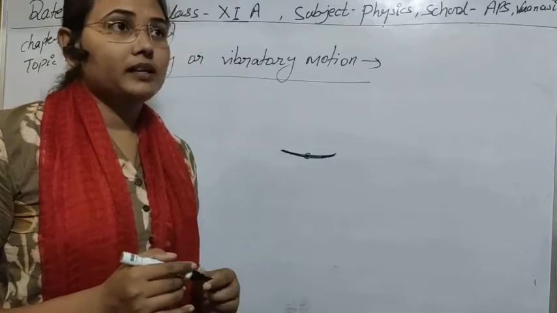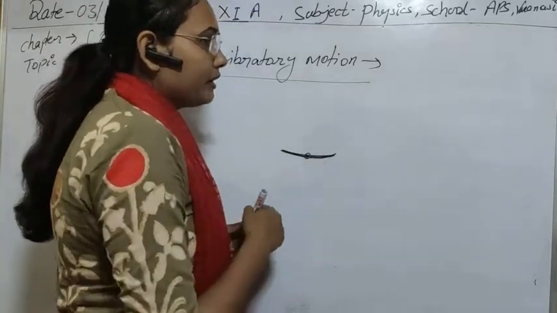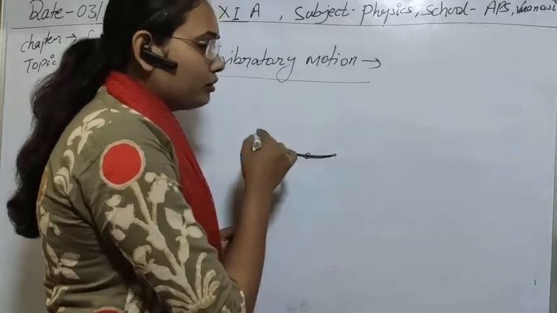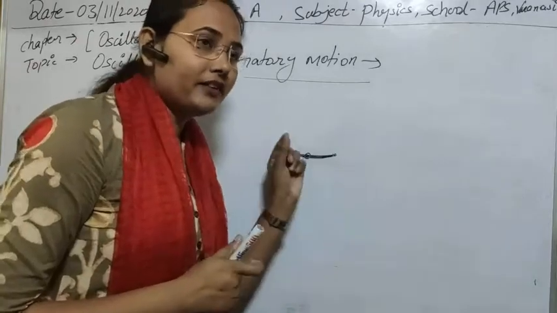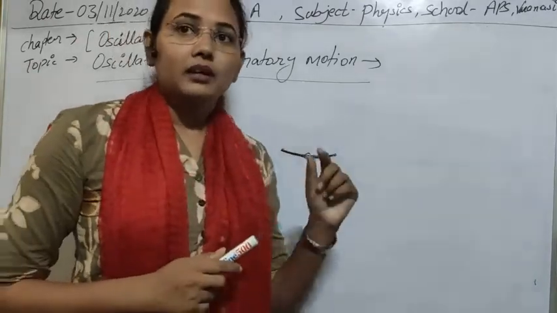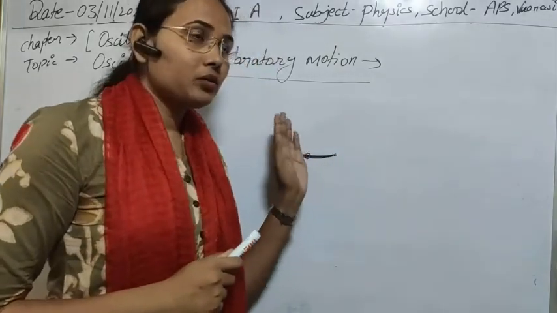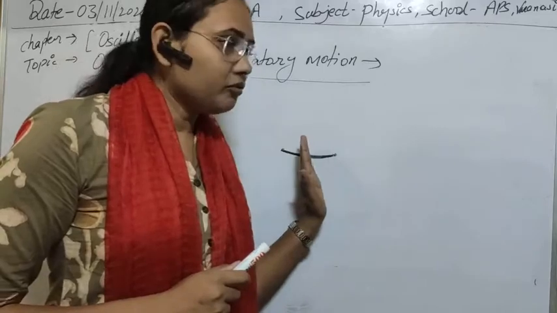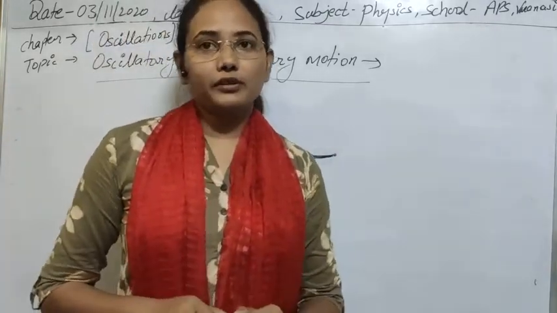Here there should be a fixed point, known as the equilibrium position. If a body is going through to and fro motion around its equilibrium position, then such motions are known as oscillatory or vibratory motion.